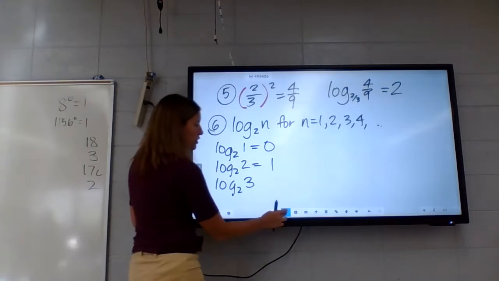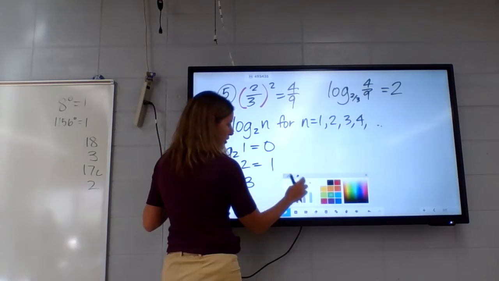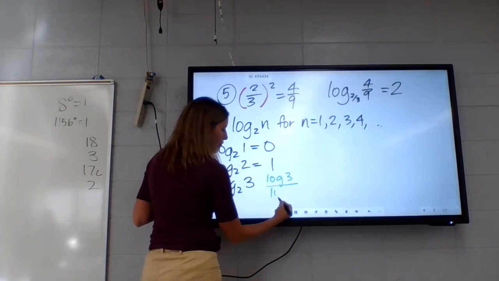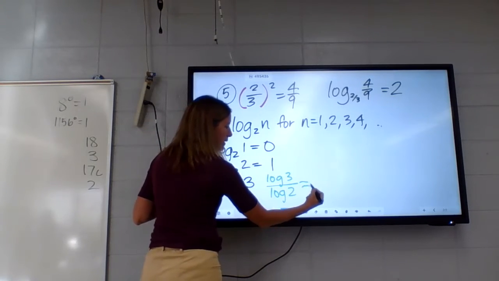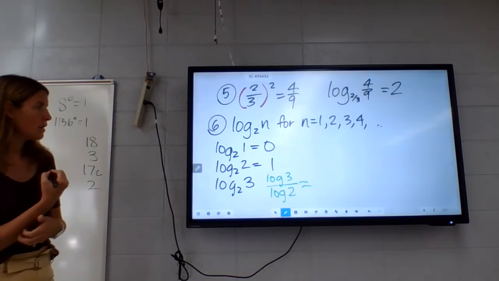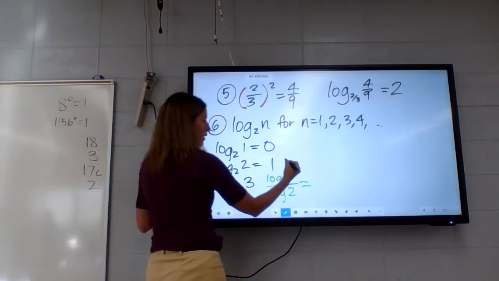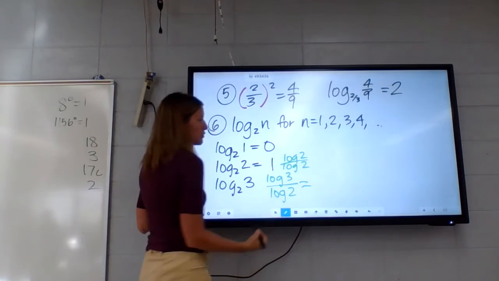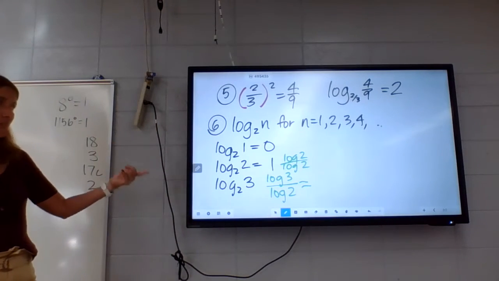the other option is to actually just substitute that into your calculator the way we learned yesterday. So log of 3 over log of 2. It's going to be a decimal. But if you forgot that rule, and maybe this is more obvious when you see it this way, log of 2 over log of 2, those cancel to just be 1.